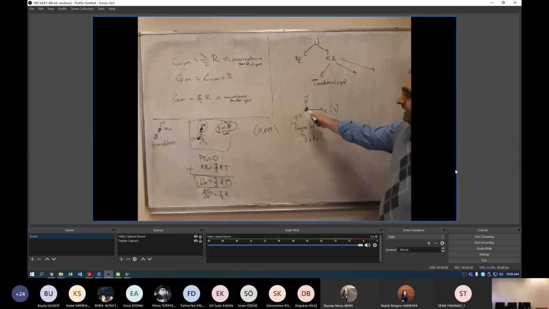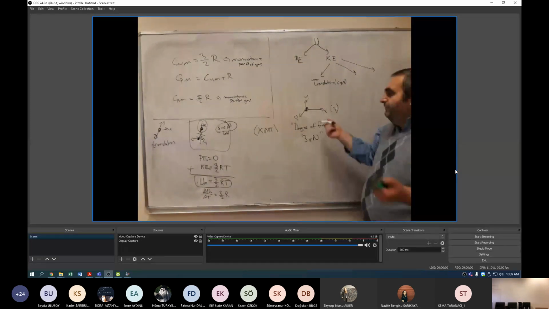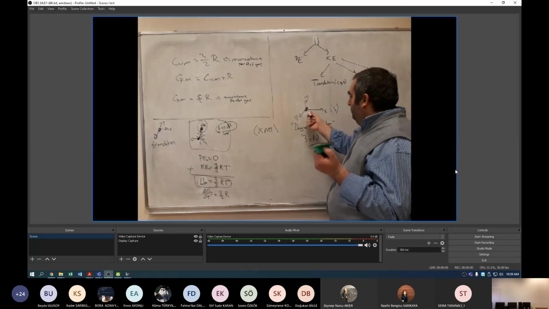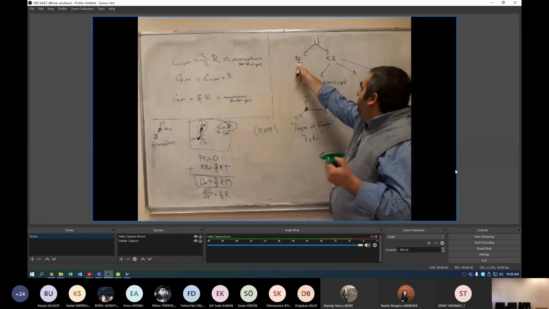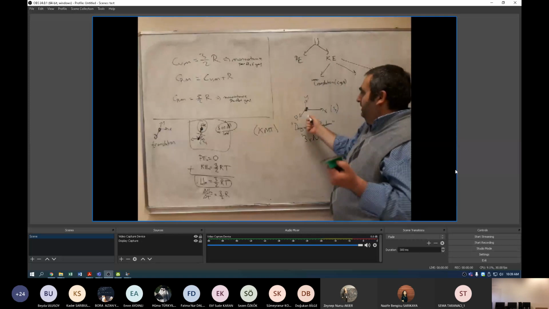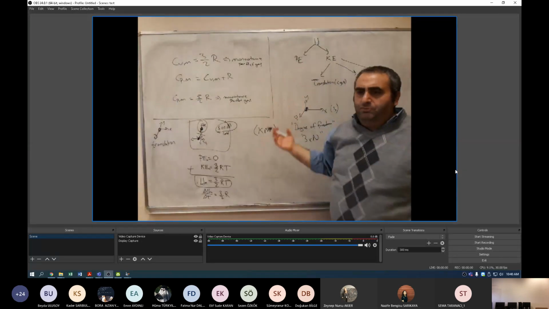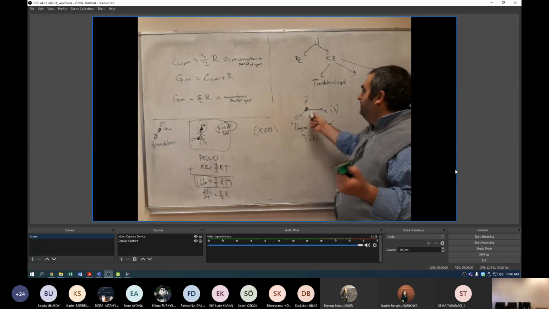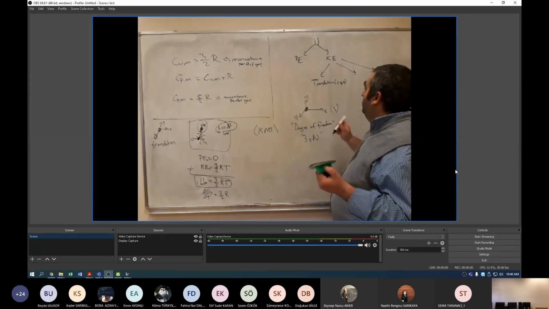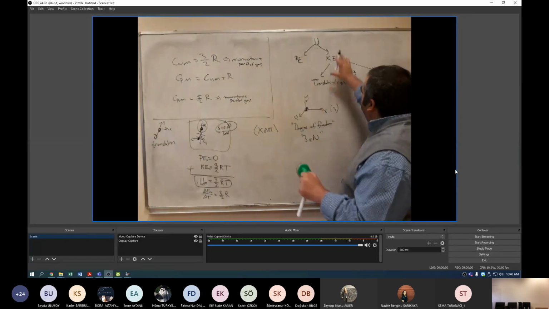Nothing more. I can have no other energy term. This molecule has to have either potential energy or kinetic energy. This can't have potential energy because there are no other atoms around. There is nothing interacting. So this can't have potential energy, and this molecule will have kinetic energy.